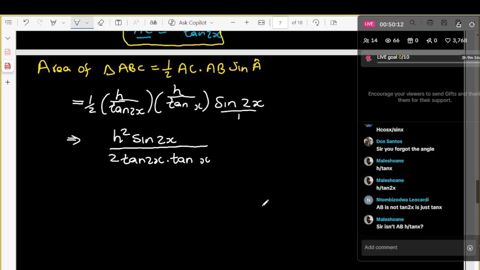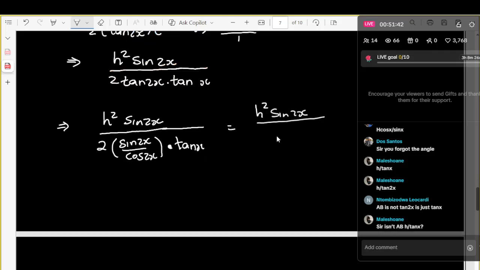So what we're going to do, we can rearrange the top part. Let's rewrite the top part instead and say this is h squared, the sine of 2x, and everything is divided by, and then now when I multiply this thing, I multiply the top part. Remember, this is over 1, this is over 1.